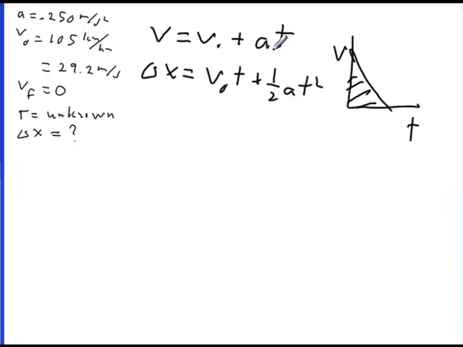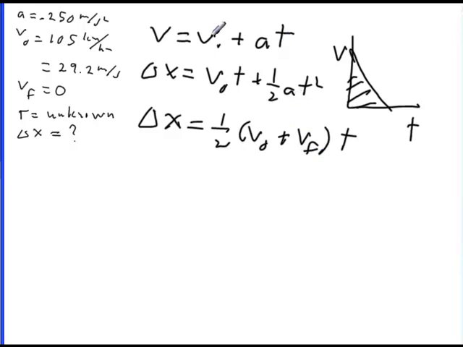This one is linear, so I could solve this one for time and plug it into the other one. I could also use that other equation I mentioned. This is mathematically a little easier. So I could solve this one for time and plug it into this equation. Remember, this equation just comes from solving this one for acceleration and plugging it in here.